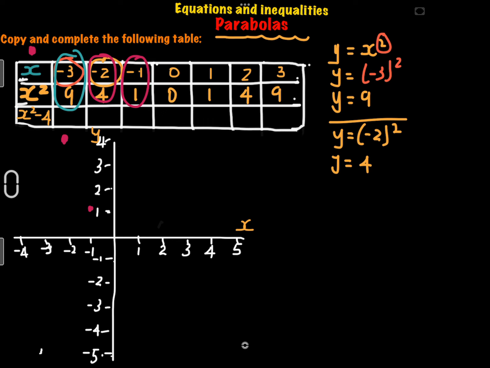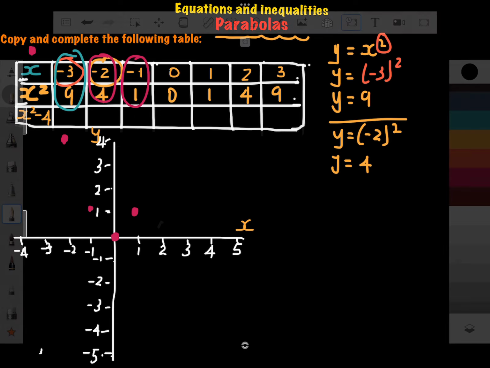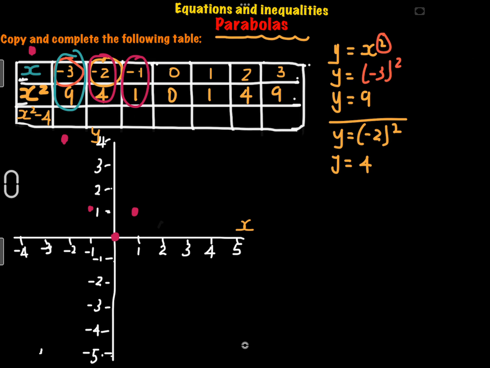So that's at our origin, which is this point here. And then when x is equal to 1, y is also equal to 1. So we have x being 1 and y being 1 there as well. When x is equal to 2, y is equal to 4. That's our point, this is our intercept.